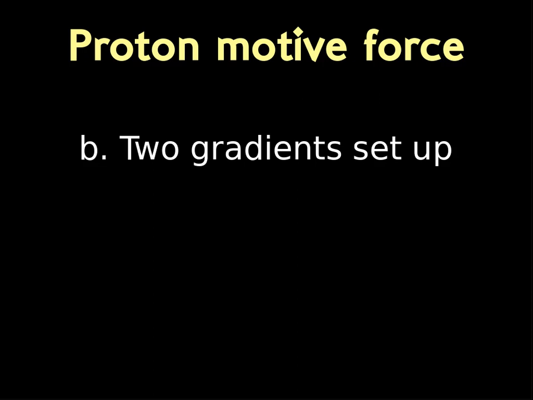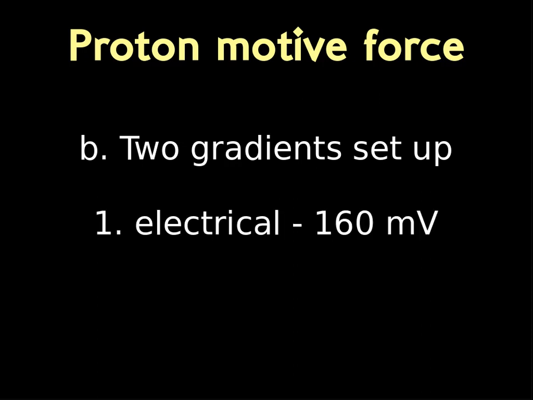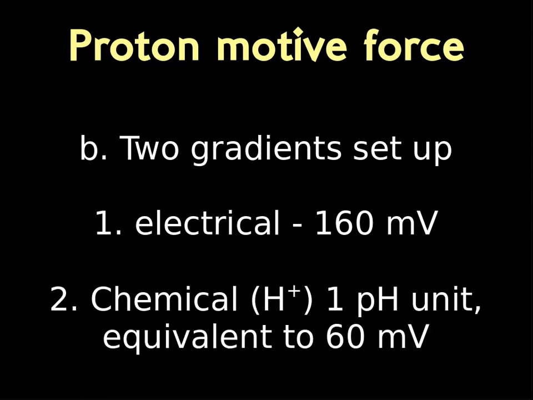But really, you might just think, okay, we only have this 10-fold concentration gradient that we're dealing with, and that's not the case. What other gradient are we going to set up? There's a concentration gradient, that's the one. Yeah, you're going to have an electrical gradient as well. So we have an electrical gradient that is about a negative 160 millivolt gradient across the membrane. And then we have the chemical concentration gradient, that's 1 pH unit.